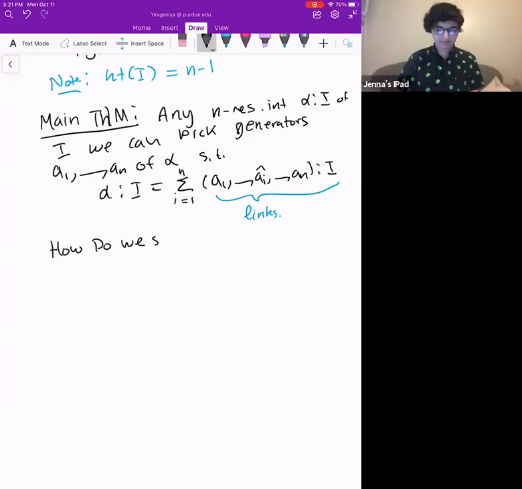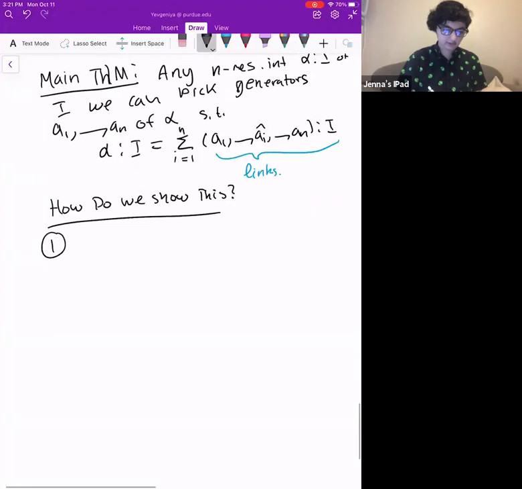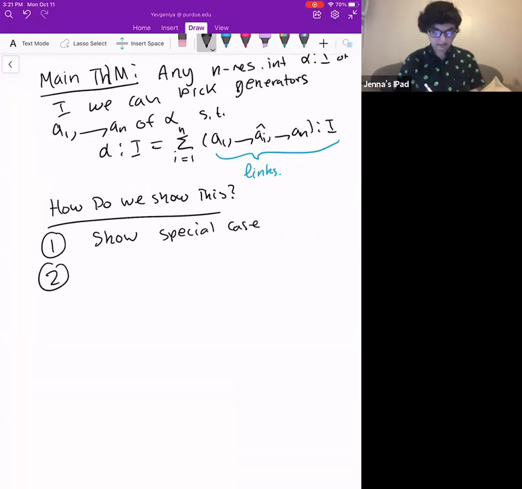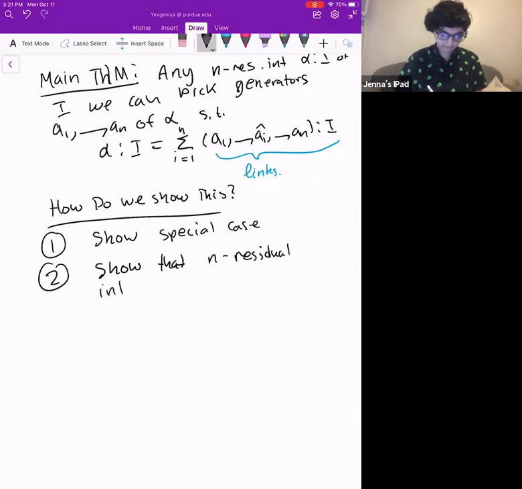All right, so how do we show that it's a sum of links? Well, we have a few steps. First, we show this for a special case. Second, we show that the n residual intersections of I specialize.